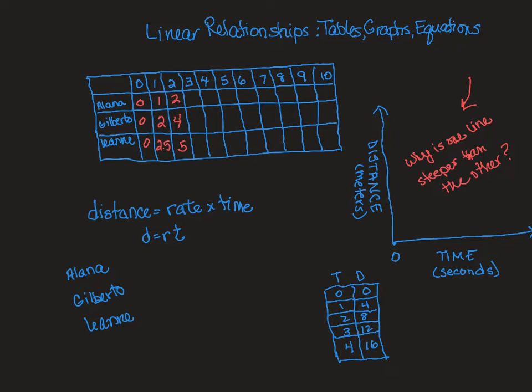Then in A, they also ask you to write the equation. The equation for this is that the distance equals the rate times the time. Now, if I tell you I'm going 60 miles an hour in my car and I go an hour, you know I've gone 60 miles.